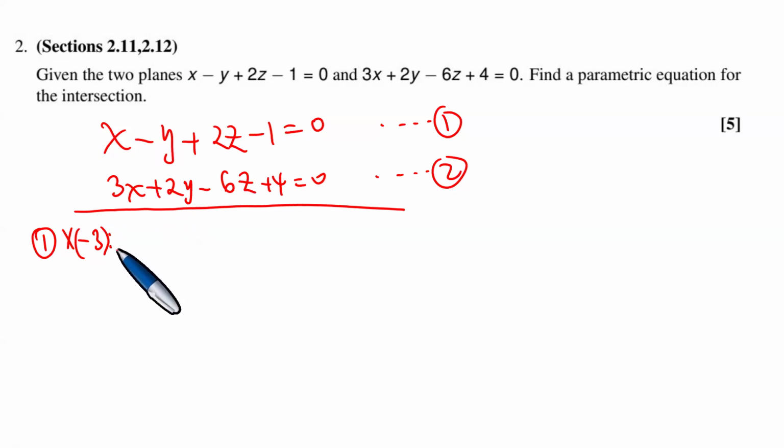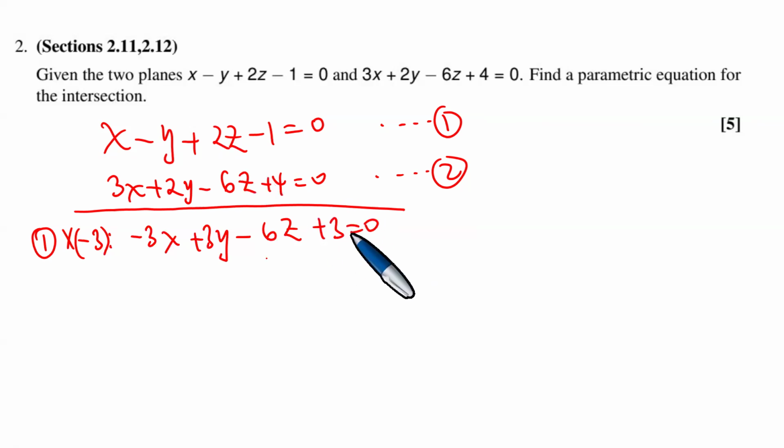We do that because we want to eliminate one variable, the x. So we multiply this one by minus 3, getting minus 3x, then minus 3 times minus 3y gives 3y. This is how grade 10s can do it because they don't have lots of techniques. Multiplied by minus 3 times 2 here, we have minus 6z, plus 3 equals 0.